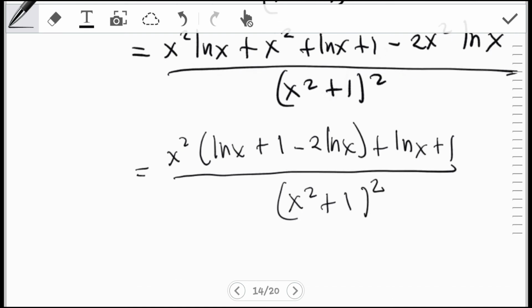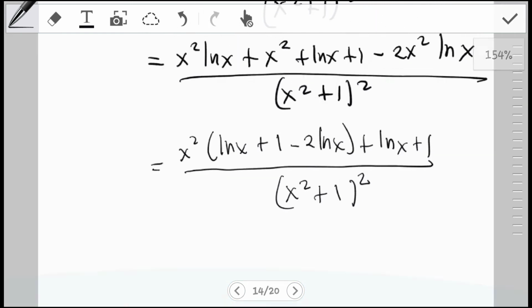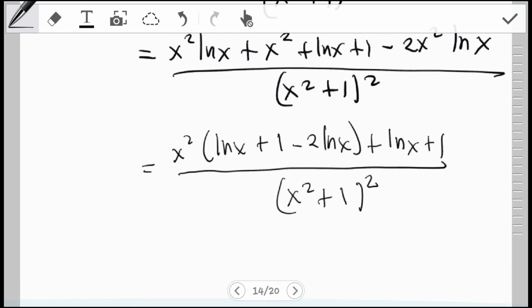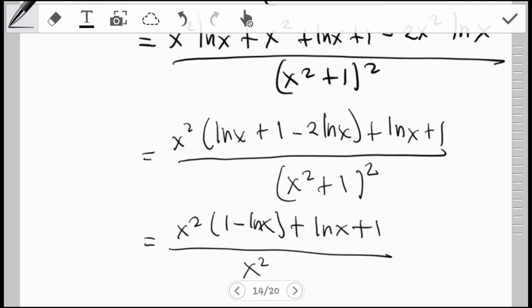Okay, so the final answer is x squared, then we can factor here, so that is 1 minus ln x, okay, then plus ln x plus 1, okay, over (x squared plus 1) to the power 2. So that is the final answer.